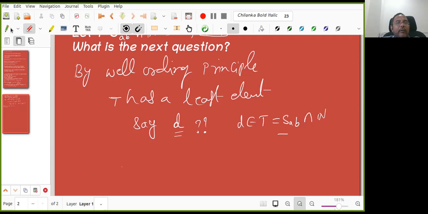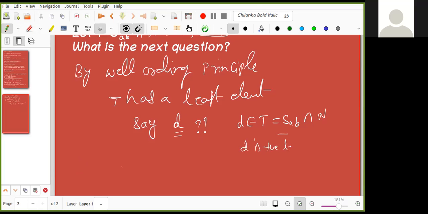What is the other property we selected D for? D is the least. That much only I know. So I am asking one more time: D is the least element in T, right? Yes, sir. Good.